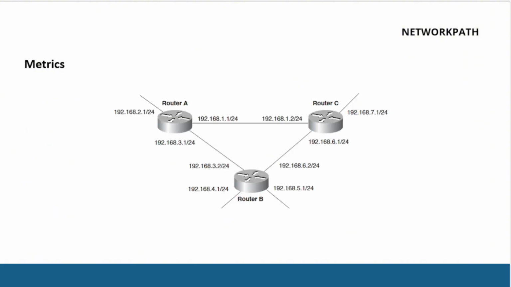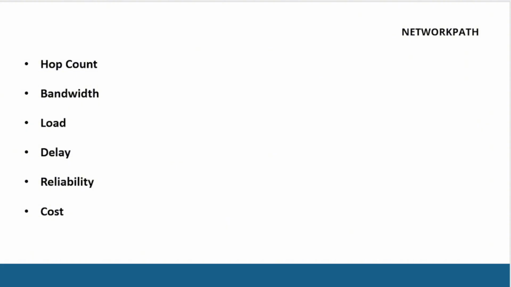It actually checks which path is more reliable. Let's say this link has been broken in the past several times. That means the reliability of this route is low, and this other route is more reliable. So your router A will use this path for its routing protocol. That simply means using reliability to choose the most optimal path.